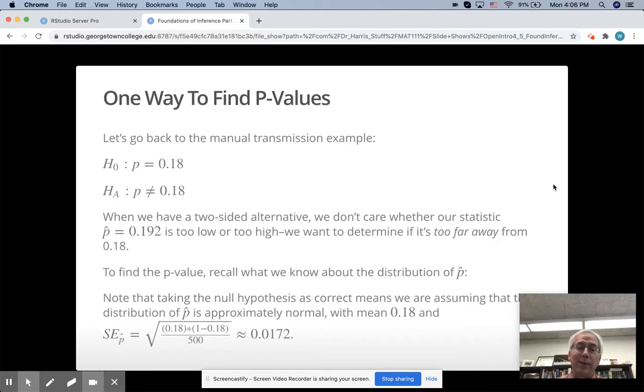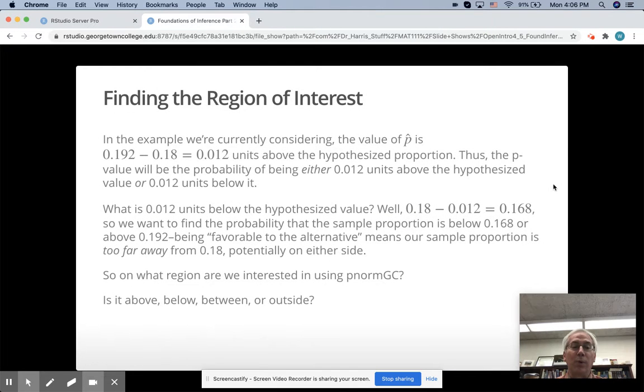So once we've got a mean and a standard error, we can begin moving toward calculating the p-value using pnormGC. So how do we do that? Well, 0.192 is 0.012 above the hypothesized proportion, the null value. So in this case, to be as far away or farther from our null value means that we would be either 0.012 above or 0.012 below the null value.